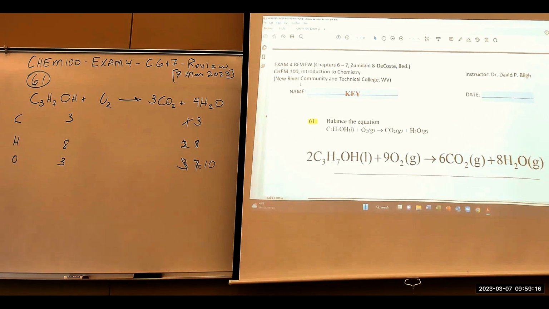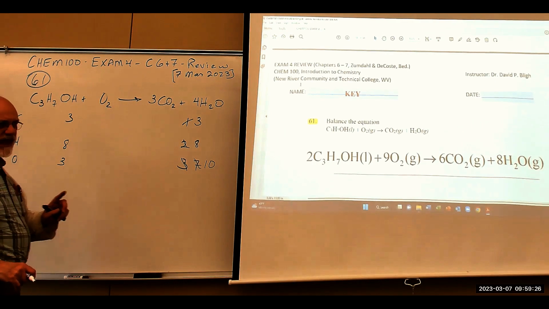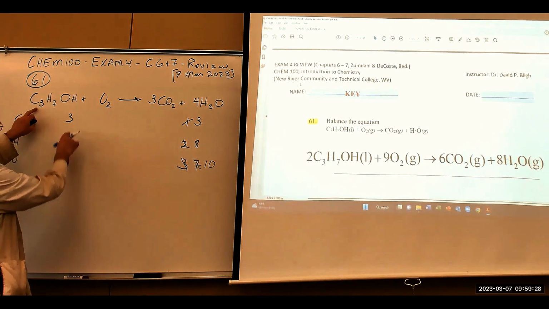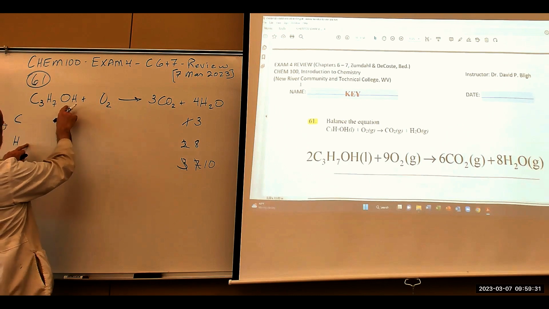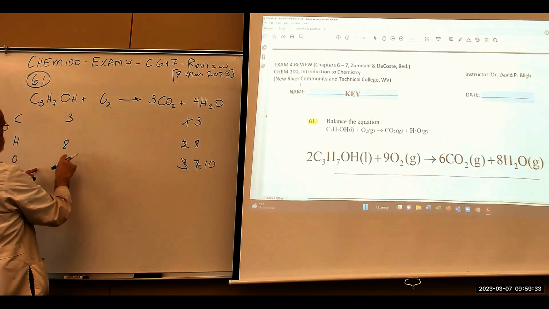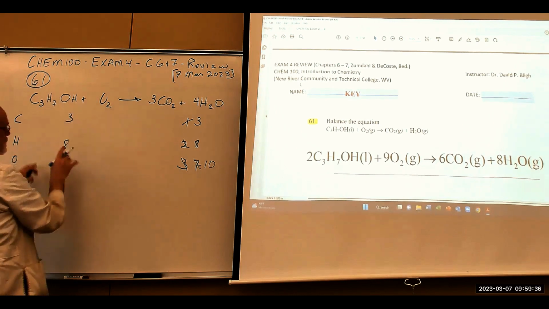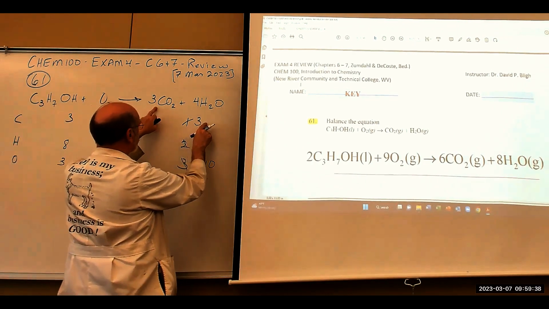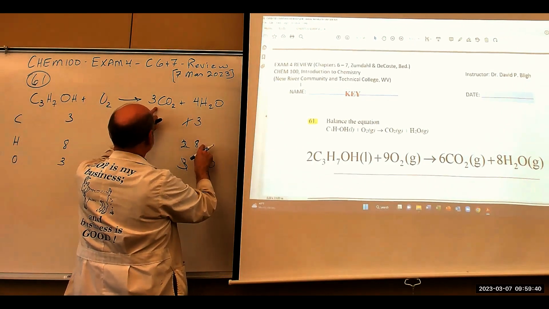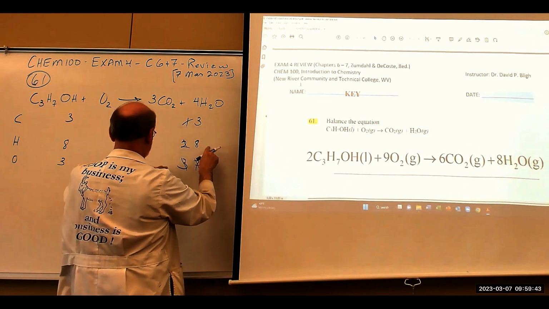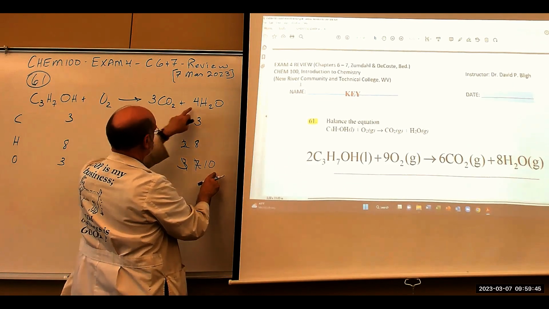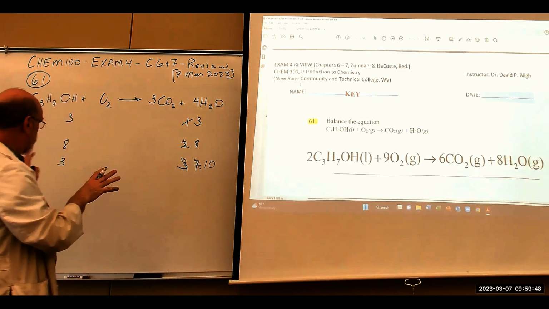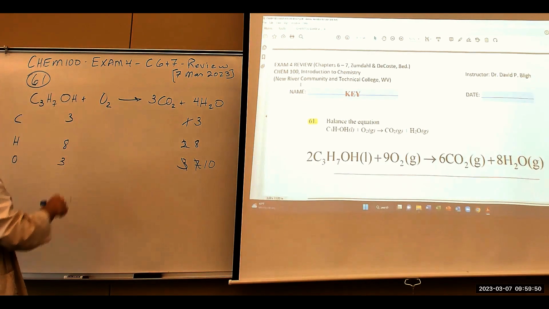I'm going to do a recount just to be sure. 3 carbons, hydrogens, 8 hydrogens, 3 oxygens. Okay. 3 carbons, hydrogens, 8 hydrogens, and 6 plus 4 is 10 oxygens. Okay. So the count is correct up to this point.